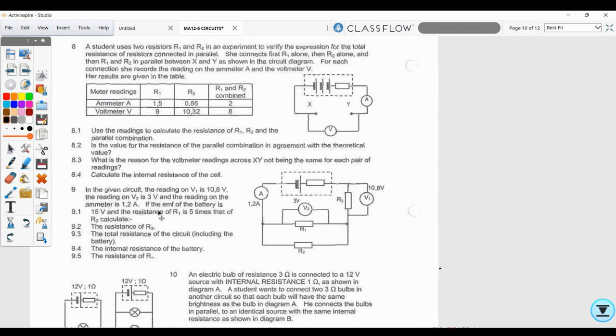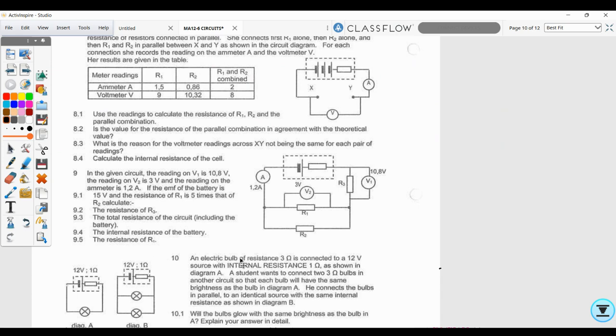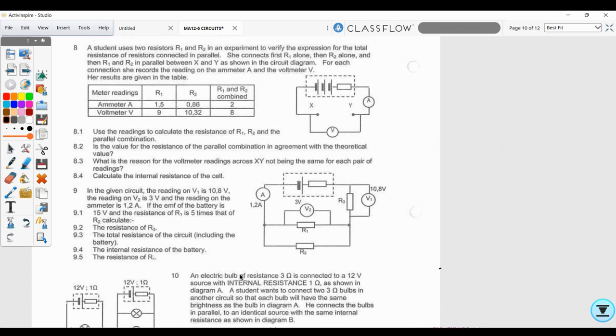Okay. So now, for each pair of readings, is the first reading just R1 and then the second reading R1 and R2? The question says for each pair of readings. So that's R1 and R2 separately. This will be the readings for R1 only.